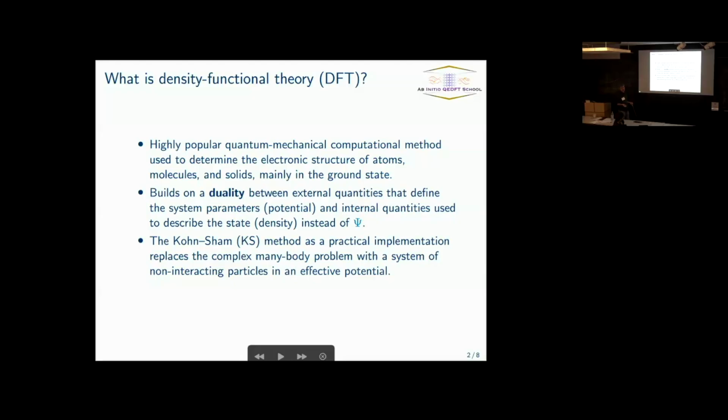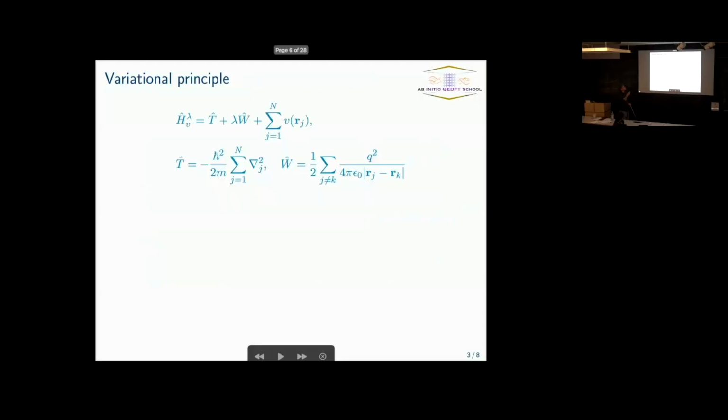Non-interacting particles are very easy to solve. We just solve one-particle Schrödinger equations, and we use approximations to do that and to relate back to the interacting system. As you see, my Hamiltonian doesn't include photons, it doesn't include nuclei. So we are already in a partitioned setting. We are only concerned with this kind of Hamiltonian.